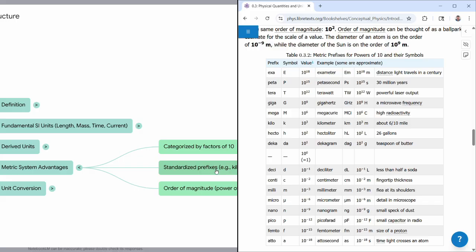I just want you to know some of the really common ones, like a kilo, milli, mega. The chapter has a whole table of them, and you might want to mark that as a reference for you to come back to as you work through this course. Yeah, and this is the one advantage of a metric system compared to the customary or imperial system of units.